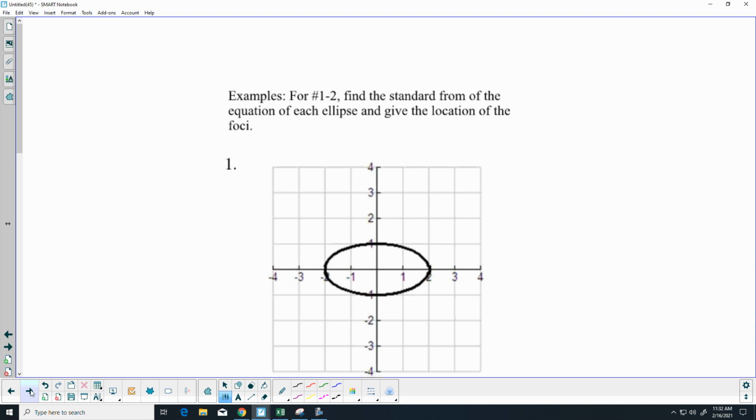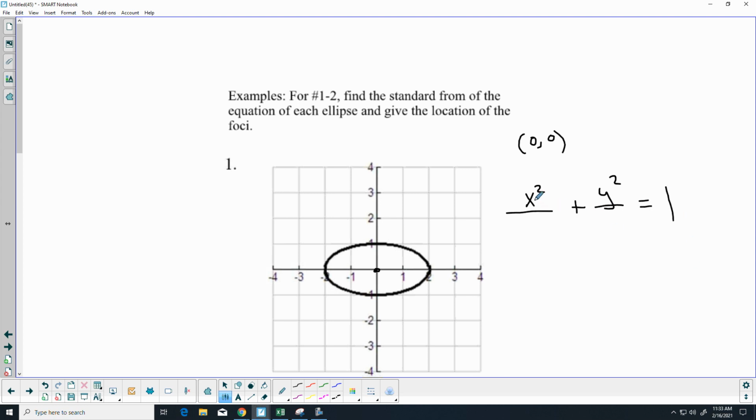All right. So on this one, to write the equation, well, looks like my center is 0, 0. So I can start with x squared. And I'm always going to have a plus sign, and then here is a y squared.